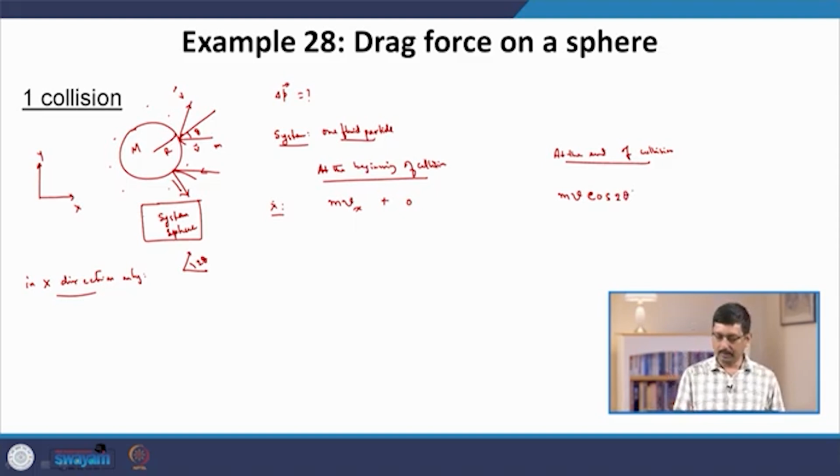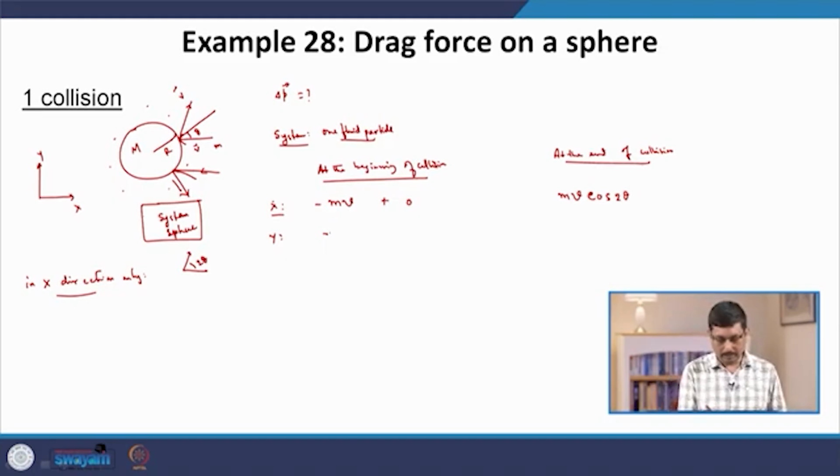Then the change, and this is in the minus direction and this is in the plus direction. We can write down the y component. The y component will be minus, and you can simply write it in terms of x, because the initial velocity of the fluid particle is completely in the x direction.